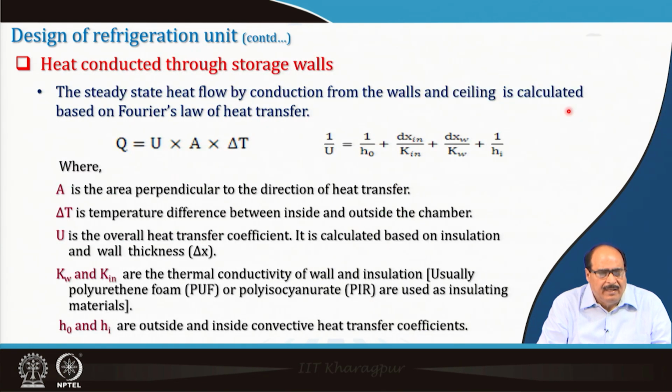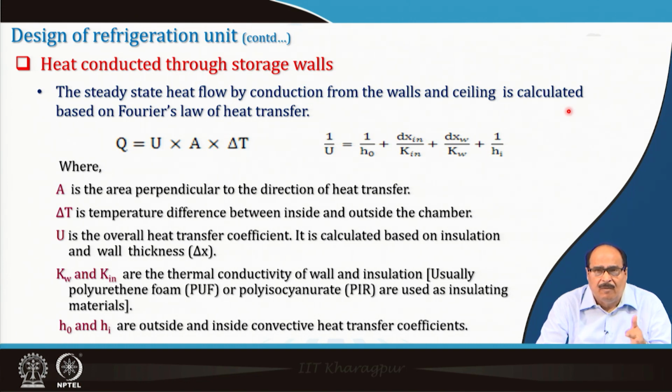Then heat conducted through storage walls is another important factor. The steady state heat flow by conduction from the walls and ceiling is calculated based on Fourier's law of heat transfer, that is Q equals U A delta T, where A is the area perpendicular to the direction of heat transfer, delta T is the temperature difference between inside and outside the chamber, and U is the overall heat transfer coefficient.